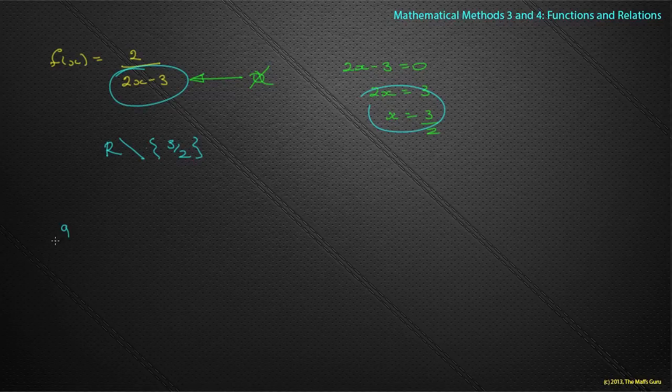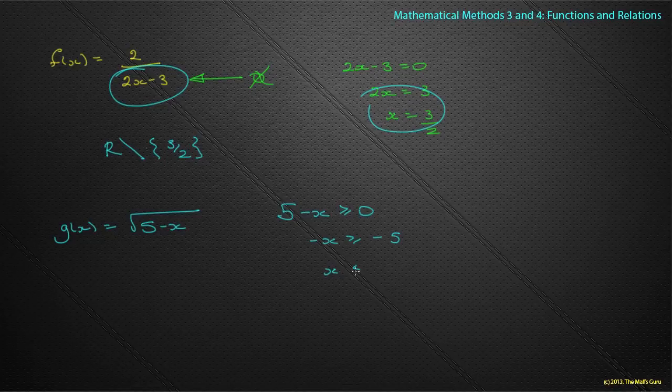If we look at the idea of g(x) equal to the root of 5 minus x, we know that 5 minus x can't be less than 0. So let's look at the values of 5 minus x that give us greater than or equal to 0. Well, what does that give us? Minus x is greater than or equal to negative 5. And then if you multiply by a negative, you have to switch your inequality sign.